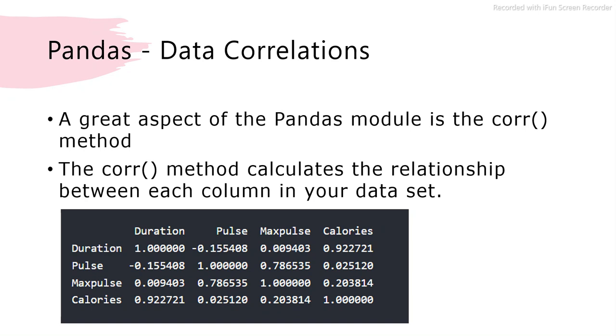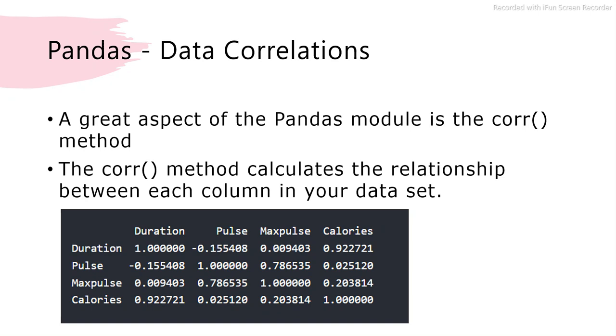How many calories you burn per day depends upon how long you work out. If I work out for 30 minutes, I may burn 100 calories. If I work out for 60 minutes, I may burn maybe 200 calories. So the calories fully depend upon the duration column.